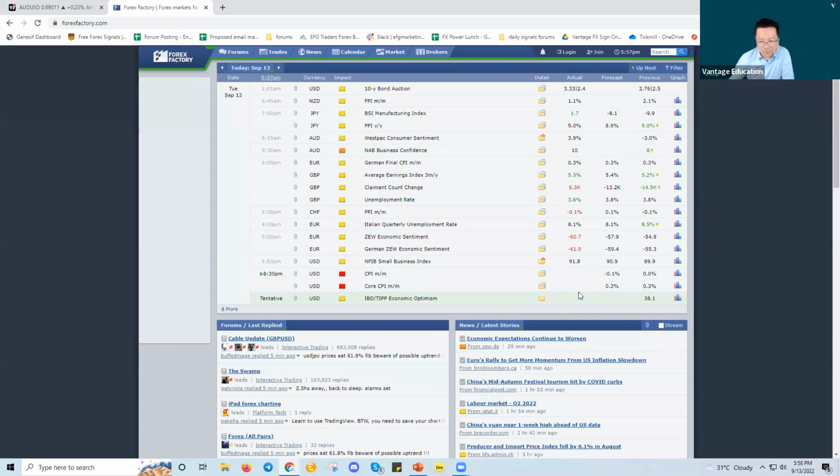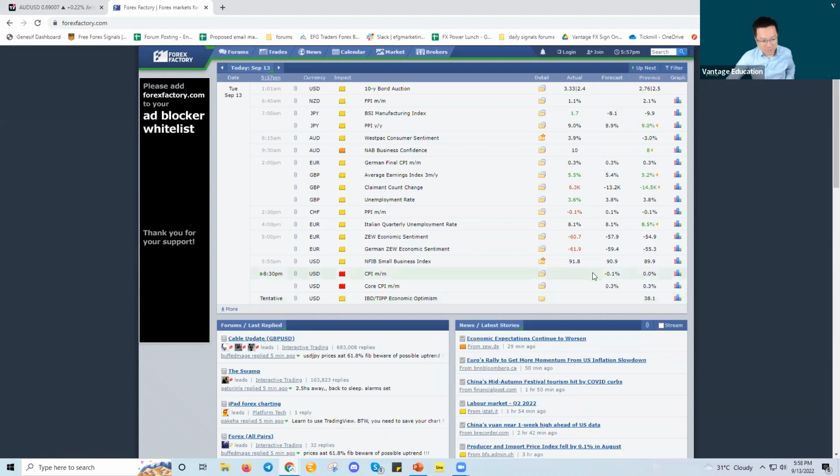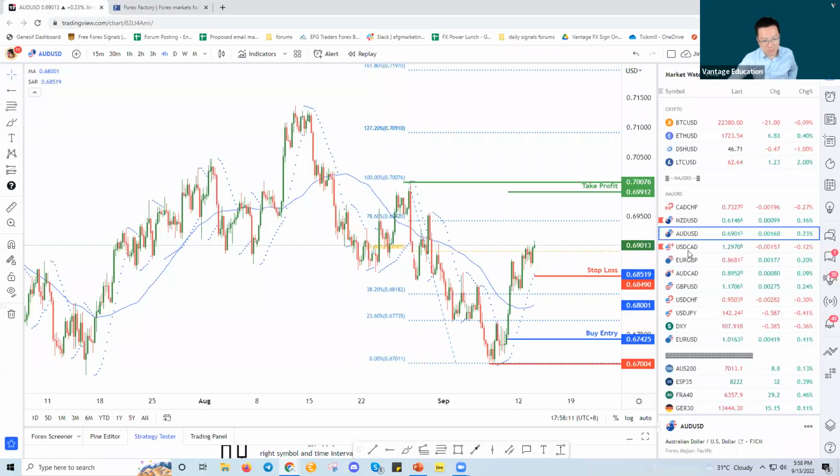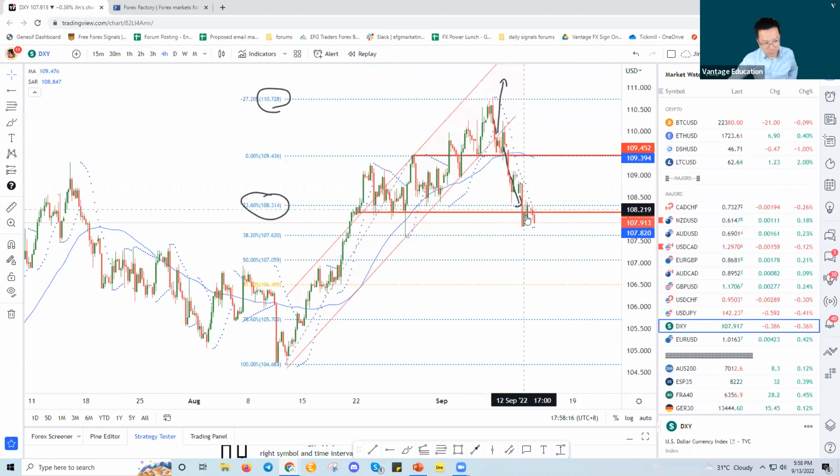Overall, I'm looking for potential dollar strength tonight, regardless of what these numbers could be. If you look at the dollar index, it has been dropping quite strongly leading up to this event, so it could bounce back up from that 107.91 level, possibly back up towards that 109.45 level.